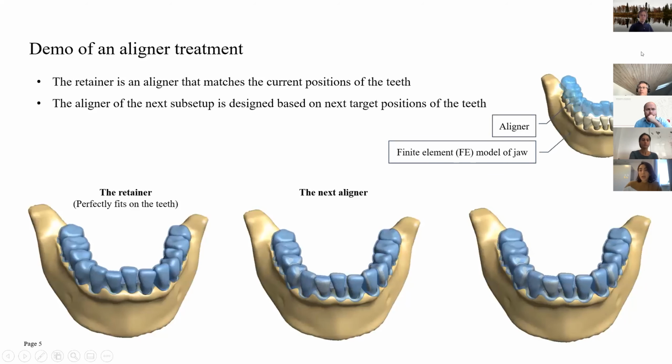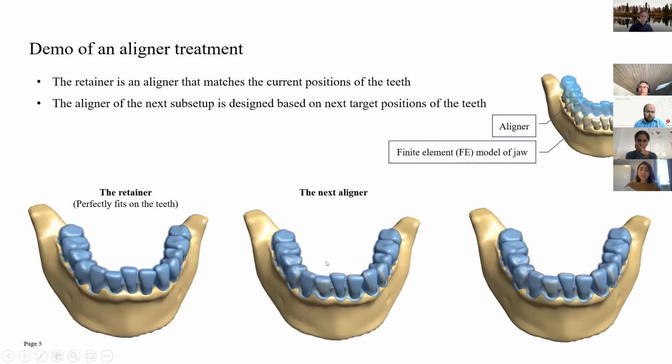So here I want to show a short demo of the aligner treatments. On the left side, you can see the aligner that is the retainer model. This model perfectly fits the teeth of the patient, so there isn't any penetration between the aligner and the patient's jaw.